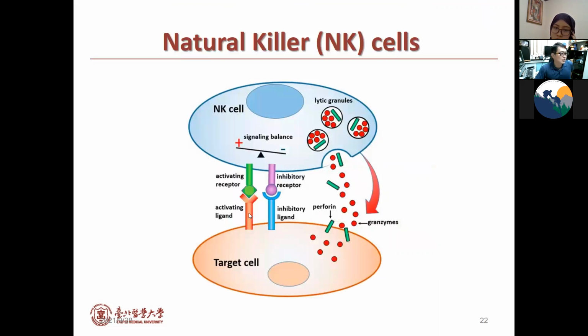NK cells, I told you already, are kind of like the adaptive immune system, but actually they are innate immunity. Their function is that when they find cells that are infected, they release different enzymes from lytic granules, perforin and granzymes.